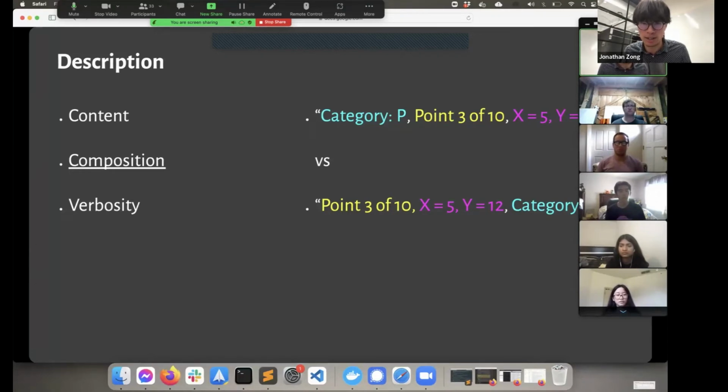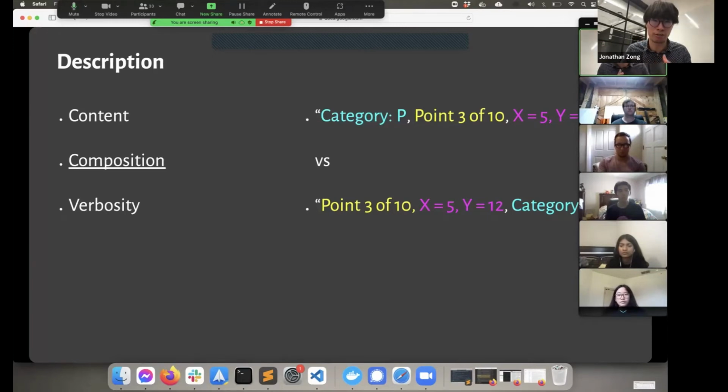We want the important information to be at the front of the description because you don't want to wait through a bunch of other words to hear the thing that you're actually looking for, right? So you want the important info up front, especially if you're scrolling through a lot of data points, so you can just hear the thing, know if it's the thing you're looking for or not, and skip to the next one without having to listen to the whole description.